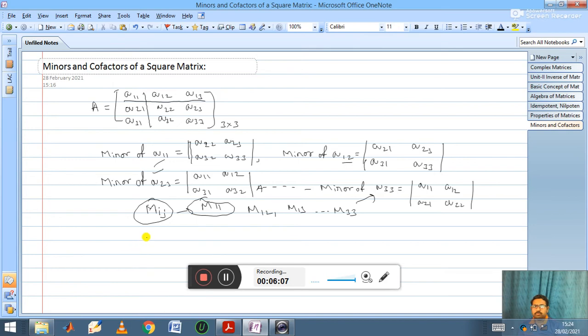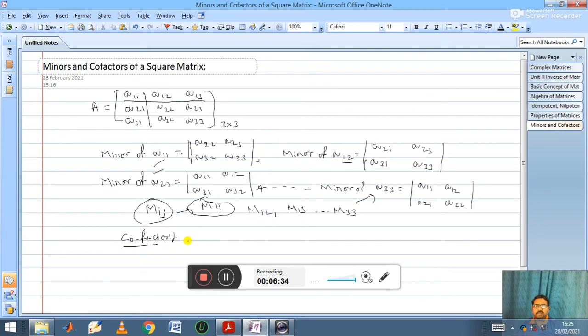Then we go to the next very important thing, cofactors. What are cofactors? You already know minors. We can write the minor for each and every element in the given matrix. In the same way, we can also write cofactors for each and every element.